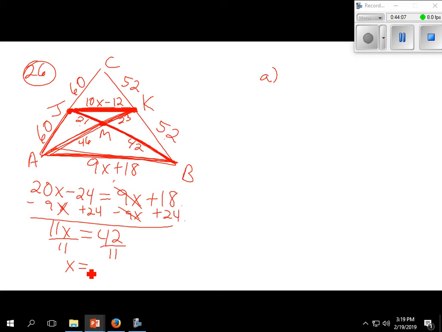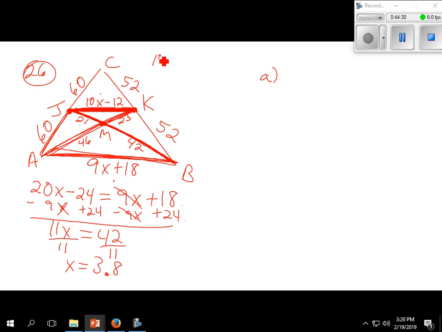They say round your answer off to the nearest tenth. So 42 divided by 11, if I grab my calculator, comes out to be like 3.8. So that's what x equals. Now, once we know that, I take it back up here and plug in.